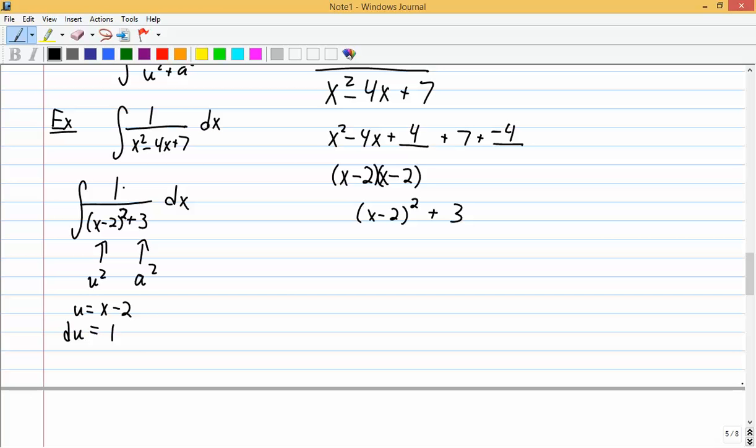But other than that, there's nothing really to check. It's just an arctangent integral now. So adjust for the constant, which there's nothing to adjust for. There's nothing to factor out here. So I can start applying my arctangent formula. Alright, so that's going to be what? 1 over a.